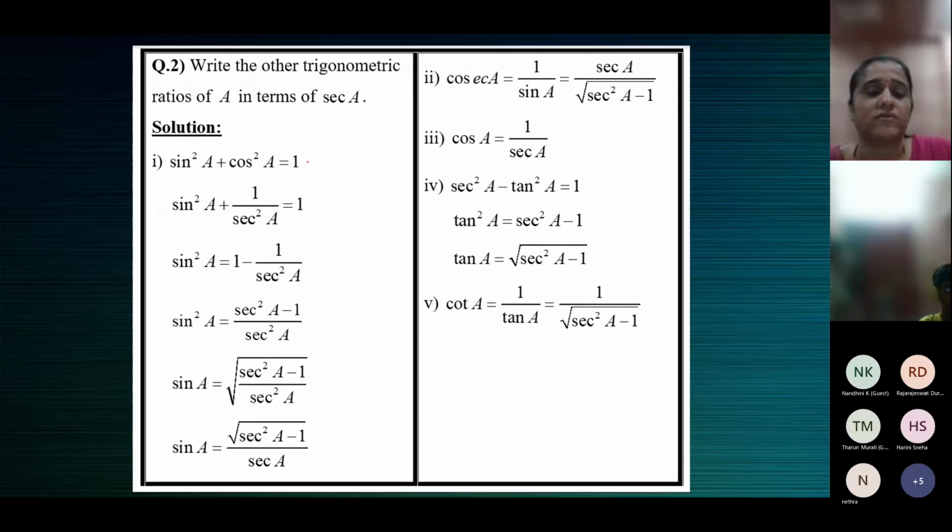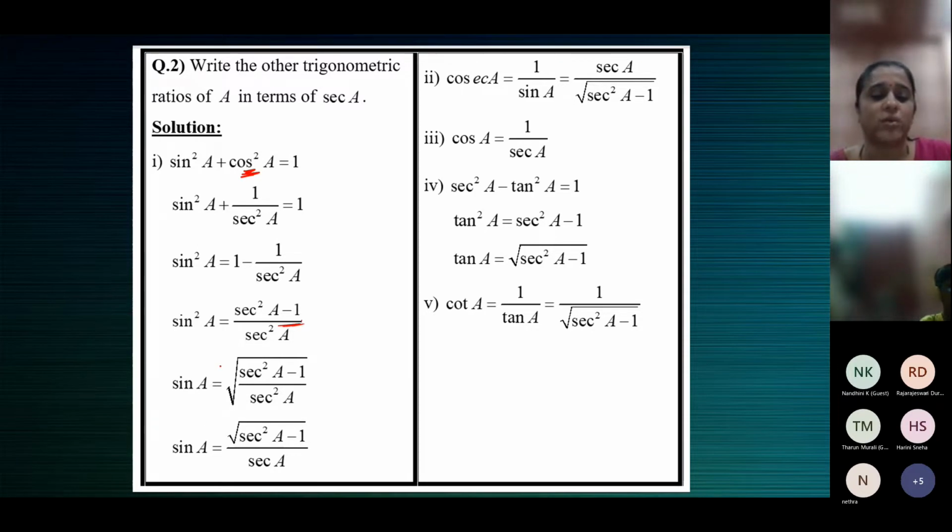So you can see here, I've taken this identity, sin square A plus cos square A is equal to 1. And we know that cos and secant are reciprocal ratios, so cos square A can be written as 1 by secant square A. So sin square A is equal to 1 minus 1 by secant square A. Taking the LCM, secant square A, in the numerator you get secant square A minus 1.